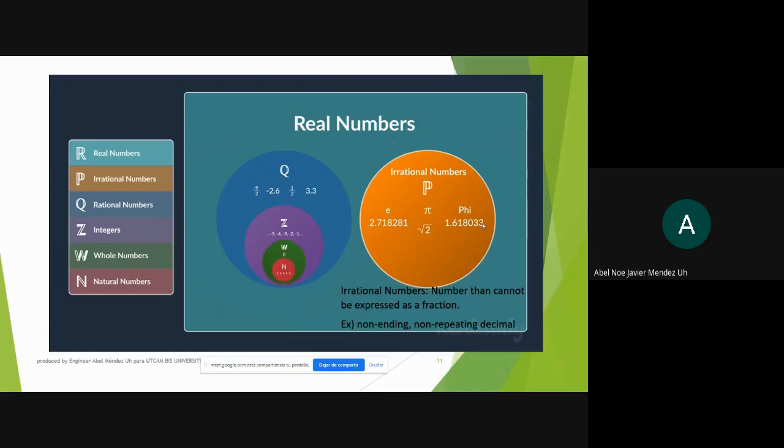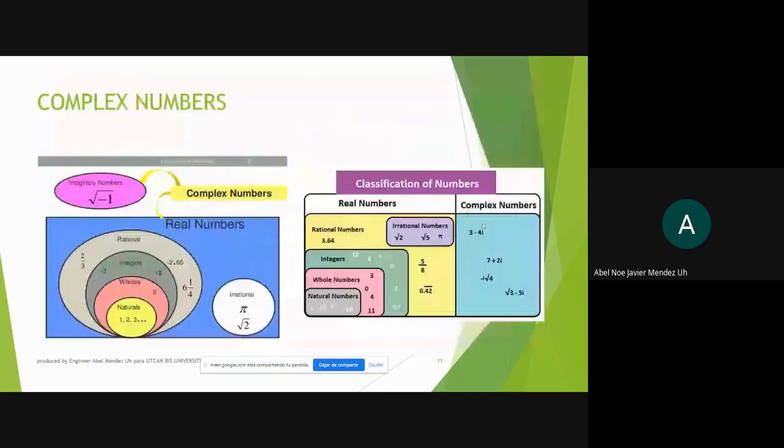We have two big groups, rational and irrational numbers.